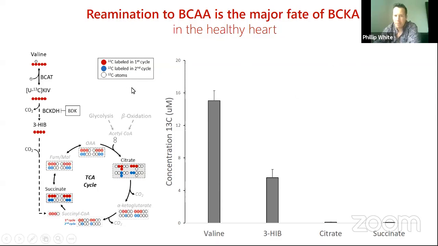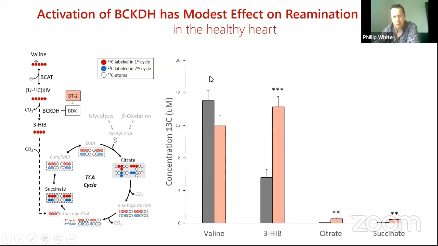And so we wondered whether, if we were to increase activity of BCKDH, we could tilt the distribution of the carbon across the pathway. We do find that when we use BT2 to inhibit BDK and activate BCKDH, there is increased flux, or increased labeling, of downstream intermediates past BCKDH, which include 3-HIB and also citrate and succinate.